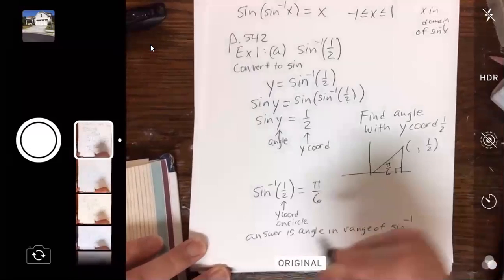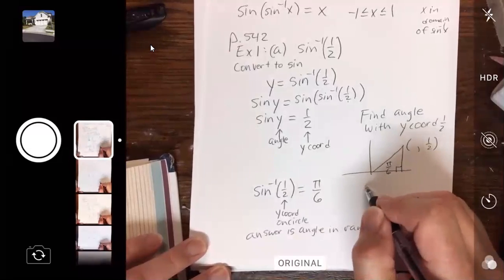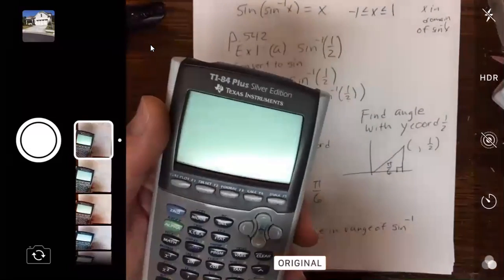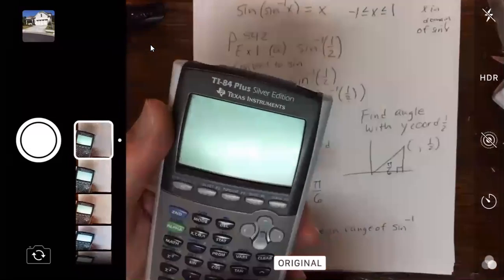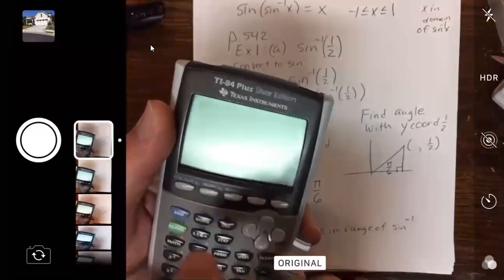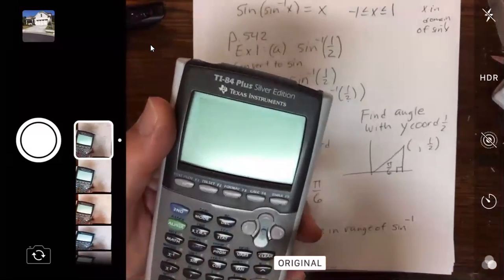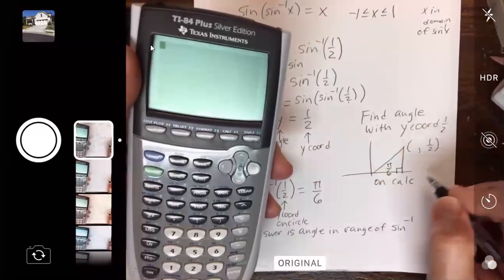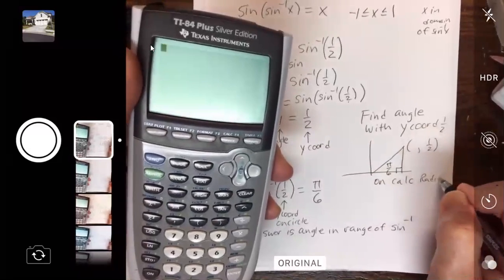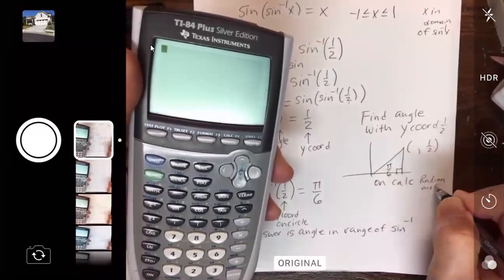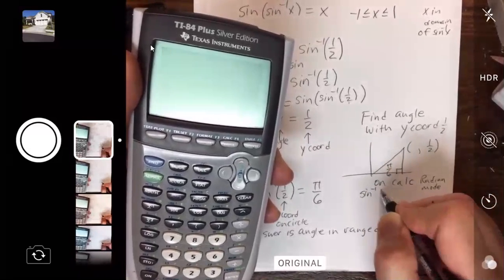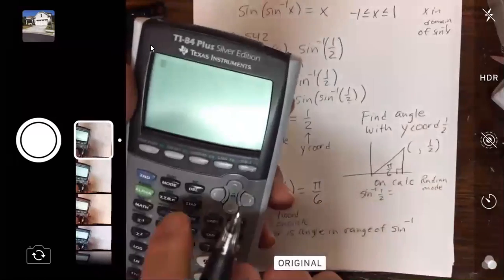Now, on the calculator, if you punch arc sine of a half in radian mode, am I in radian mode?